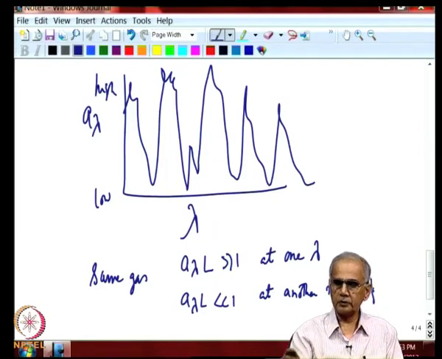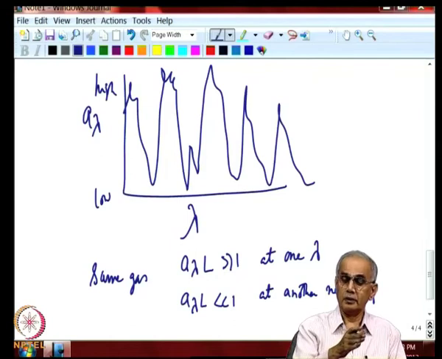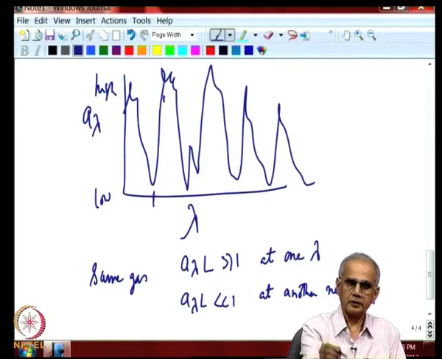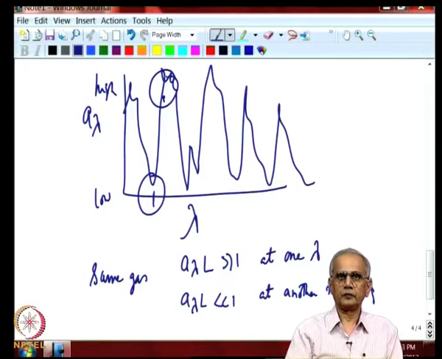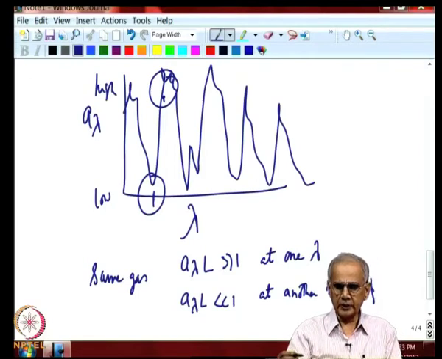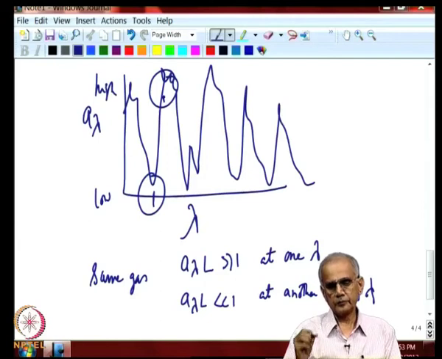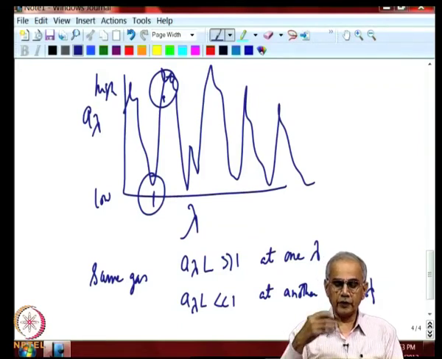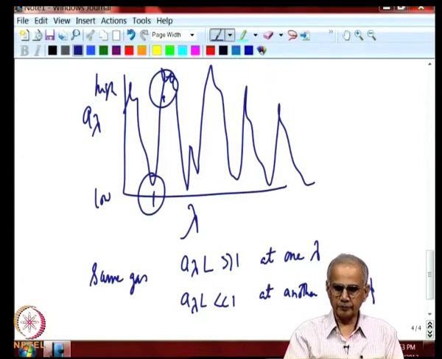So, the gas behavior is very different at two adjacent locations like this and this. Here it is optically thin, here it is optically thick. So, this is the real challenge we face in radiation heat transfer. The fact that the absorption coefficient in most gases is a very complex function of lambda, rapidly varying with lambda.